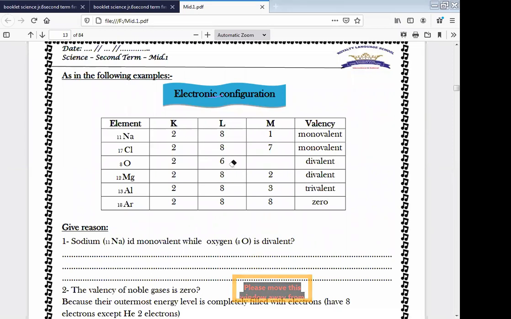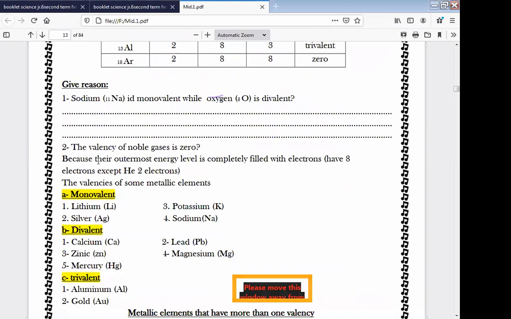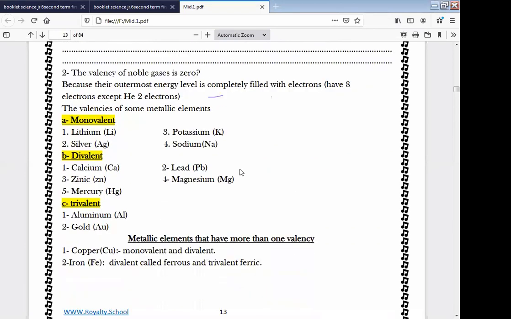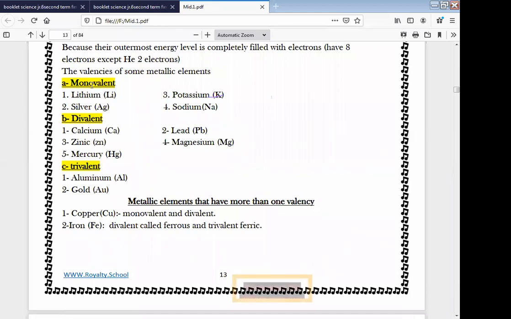I will say which one loses, which one gains, and how many electrons. This number of electrons is the valency. The valency of noble gases is 0 because noble gases are completely filled with electrons, with 8 electrons in the outermost energy level except helium with 2, so they don't gain, share, or lose. You should study this well.